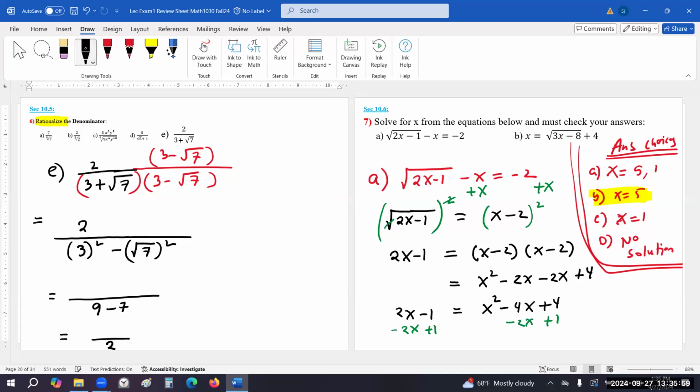That's why I said, if you have one single thing on the numerator, don't distribute here, okay? Don't distribute the top.